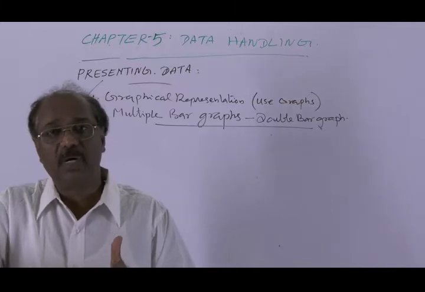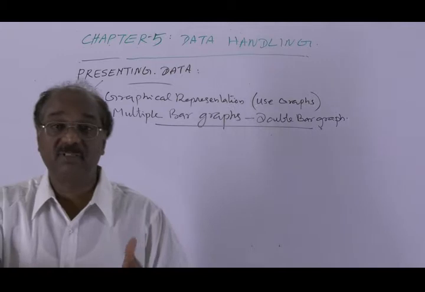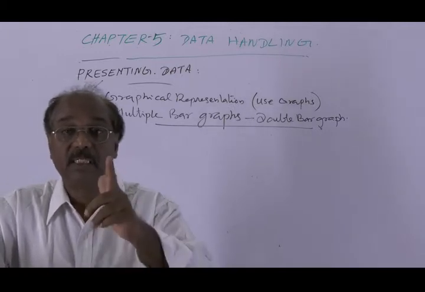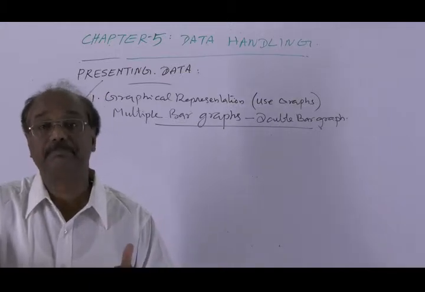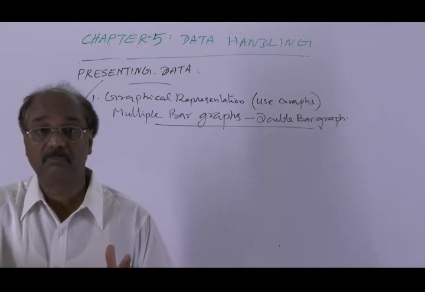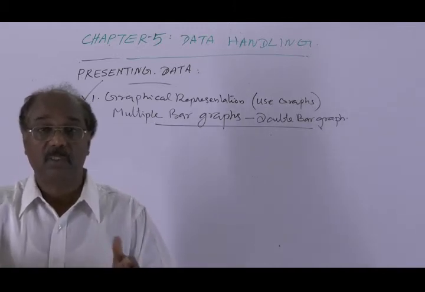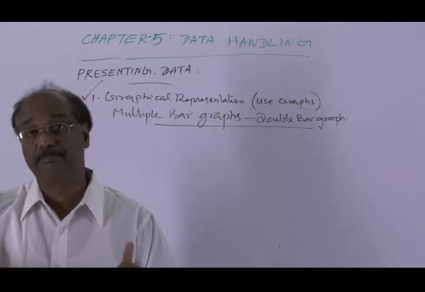The construction of the bar is exactly similar to the previous case as we have seen in the case of drawing single bars. Width of all bars the same, height proportional to the data values, and also the spacing in between bars the same.